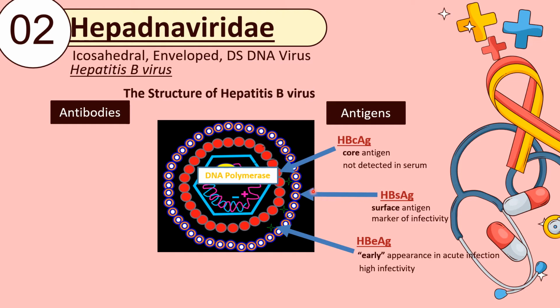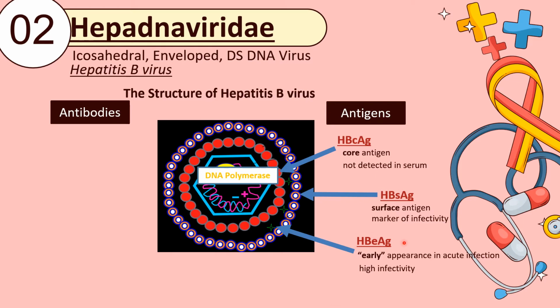HBs antigen, found on the surface, or the surface antigen, serves as the marker of infectivity, meaning when the individual is positive for HBs antigen in the serum, it would mean that the antigen is in the body. Therefore, the virus is present in the body.